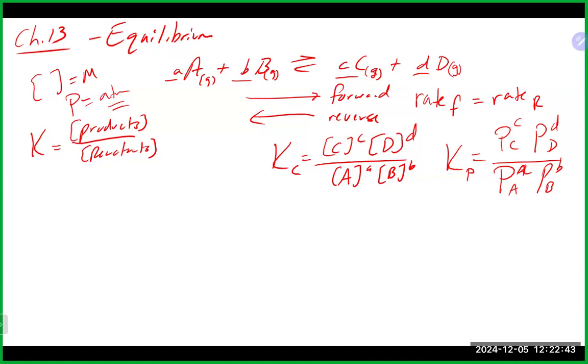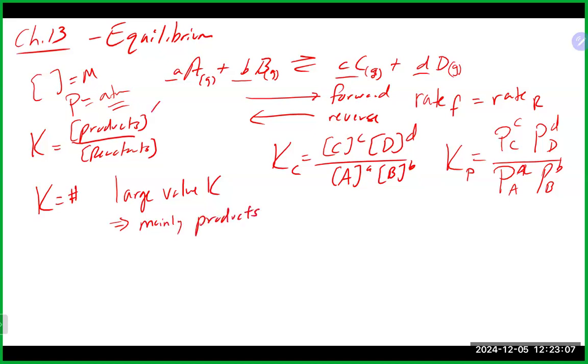Typically speaking, Kc and Kp are not the same value, but they do tell you kind of the same thing. Remember that K is just a number, and if we have a large value of K, that means when we reach equilibrium, we should mainly have products present.